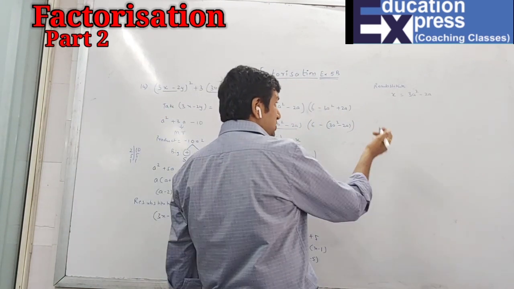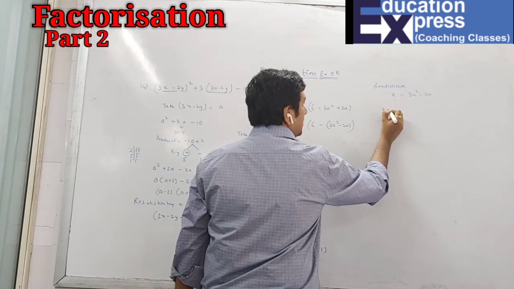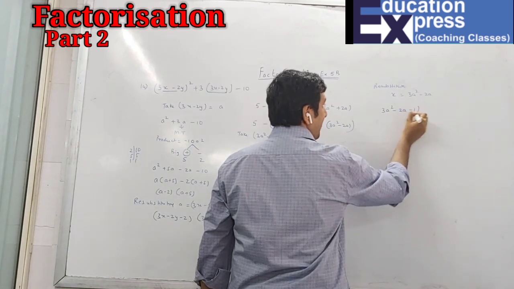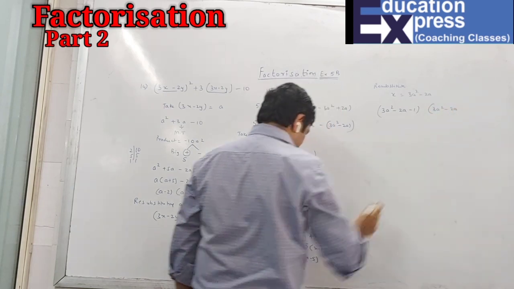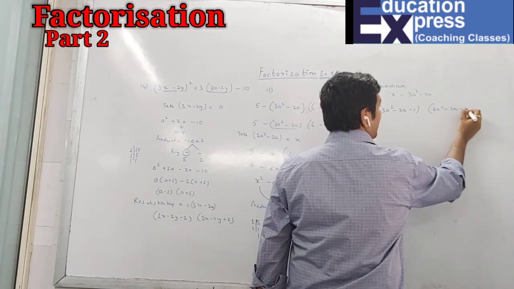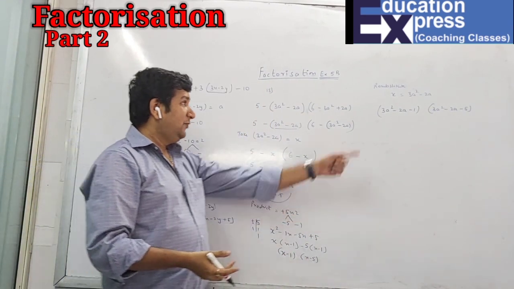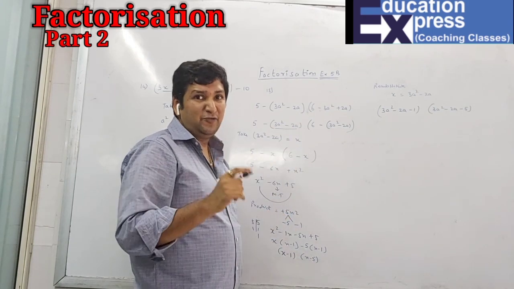That means after substituting x minus 1, x minus 5, instead of x, what will come? 3a square minus 2a minus 1, 3a square minus 2a minus 5. So now chances are there that you can split. If it further doesn't get split, then you have to leave the answer as it is. But if it's getting split, we'll definitely try for it.